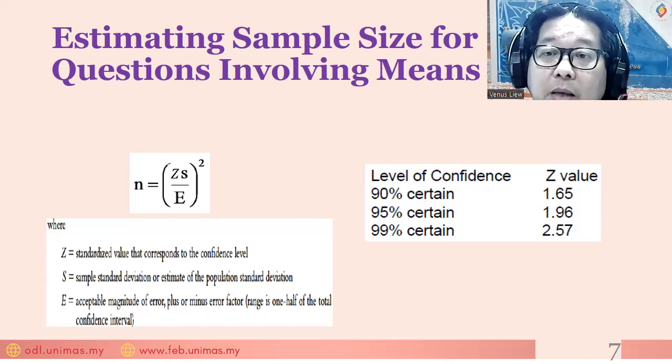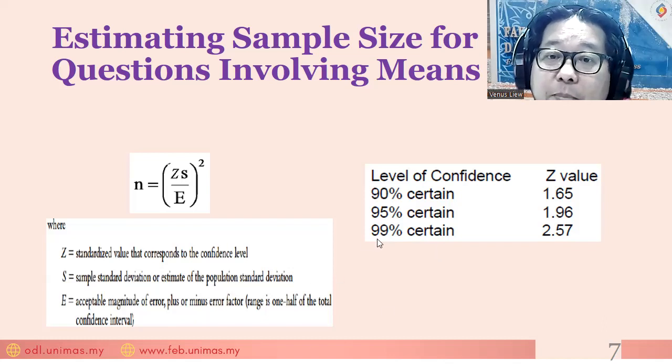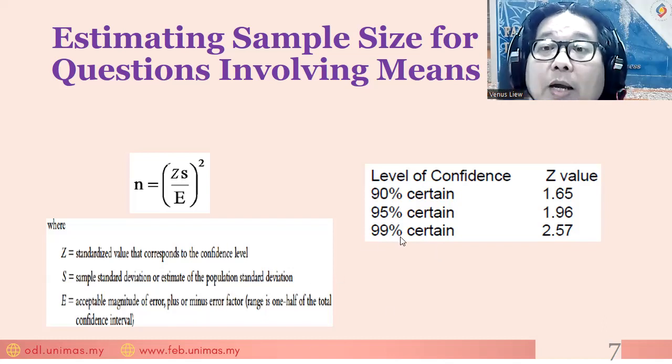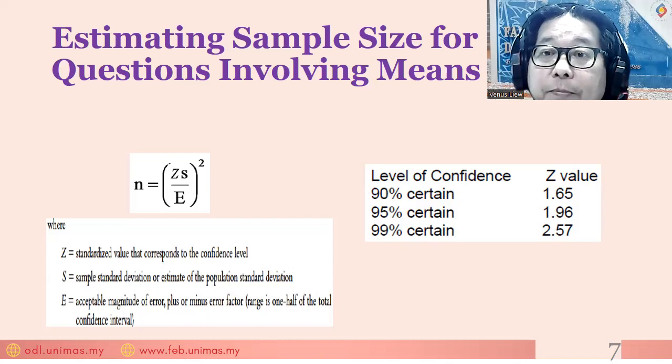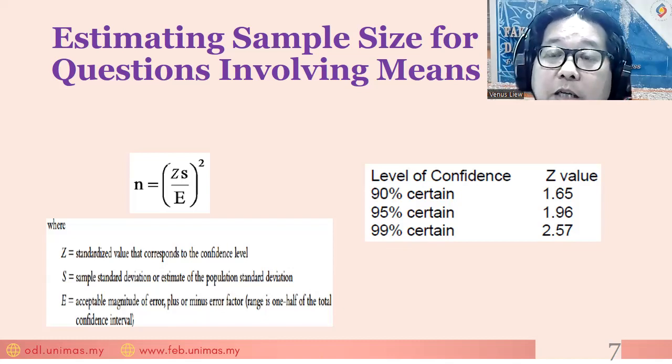If we estimate it for 99% confidence, that means we are 99% sure that in the population, the household expenditure is between 4,900 and 5,100. E is 100 in this example.